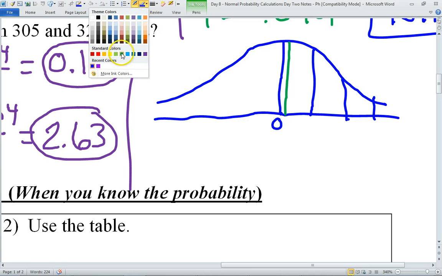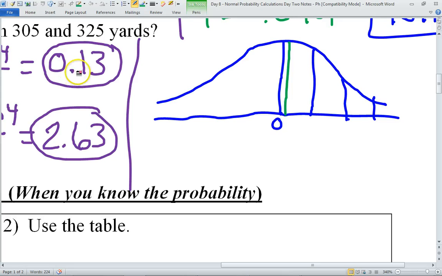But anyway, I've got a z-score of 0.13 happening right there. And then I've got a z-score of 2.63. So that's 2 standard deviations and 0.63, more than 2.5 standard deviations. So I'm going to put that here maybe. I just want you to see what I mean by a 2.63 z-score.